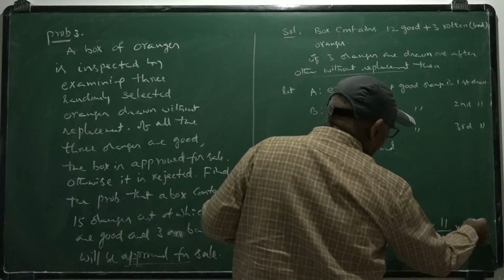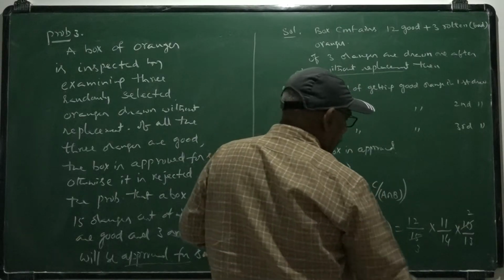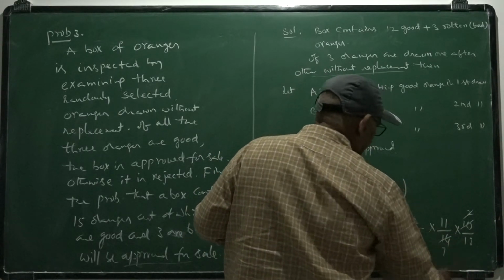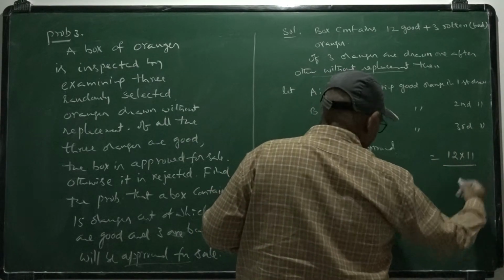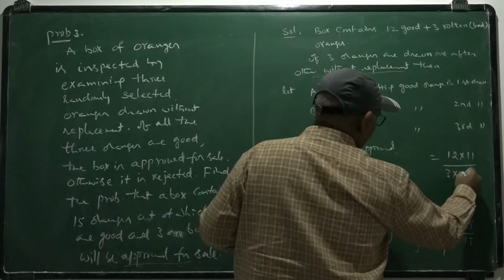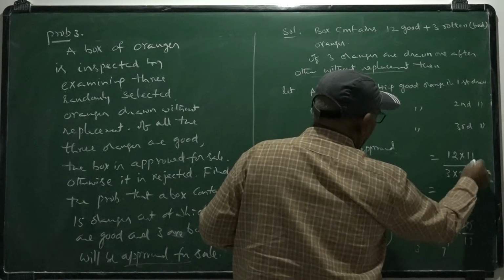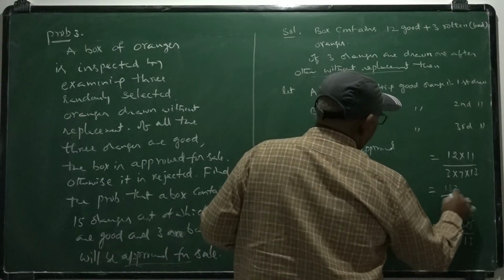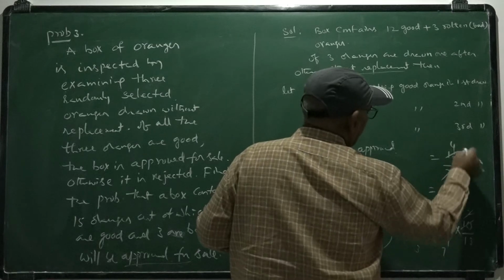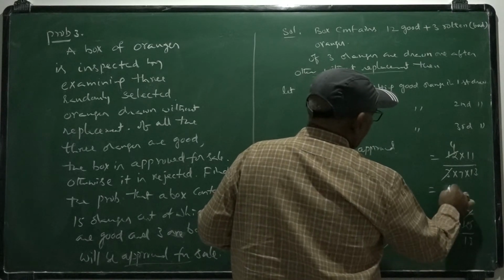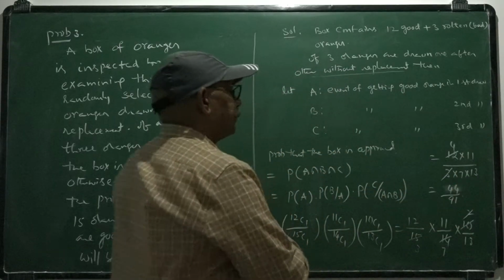So you can simplify this one: 5 2s are 10, 5 3s are 15. This is 2 7s, which gives us 12 into 11 by 3 into 7 into 13. Removing a factor of 4 again, we get 44 by 91.